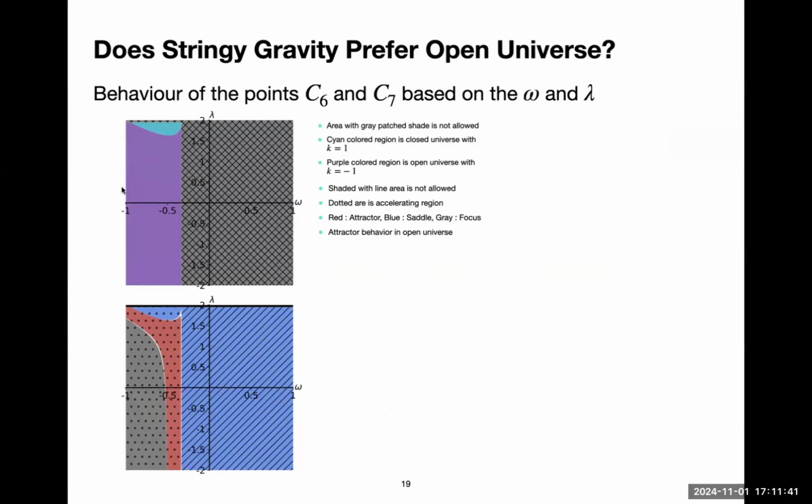So we don't see any flat contribution on the C6 and C7 critical points. On the bottom, the shaded region is again forbidden. Red is an attractor, gray is a spiral, and blue shows a saddle contribution. The dots represent the accelerating regions. So the allowed values of the equation of state parameters in points C6 and C7 always accelerate.